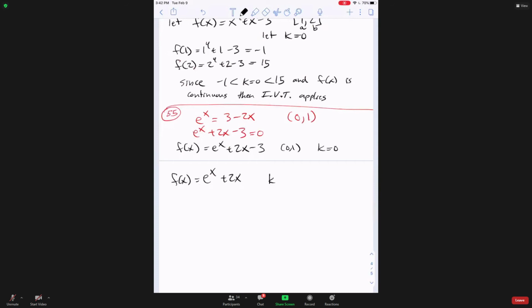And then they would say, let k equal 3, because if you move this 3 to the other side, it would be a positive 3. So either would have worked, and you'd still get the same result. Was that what you meant? Yeah, thank you. All right, so that's the intermediate value theorem.